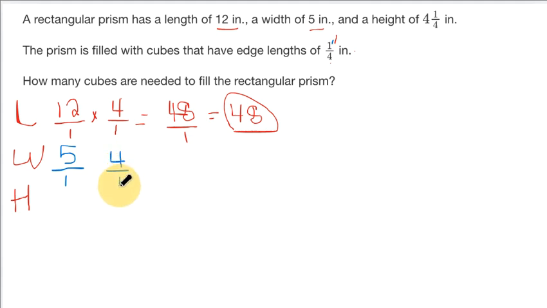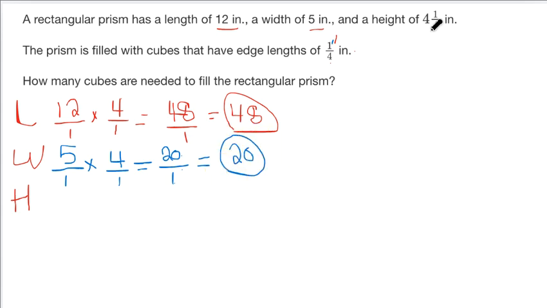And then I'm going to change the division sign into a multiplication sign. 5 times 4 gives me 20. 1 times 1 gives me 1. There's my division problem. 20 divided by 1 gives me 20. So there is my width.